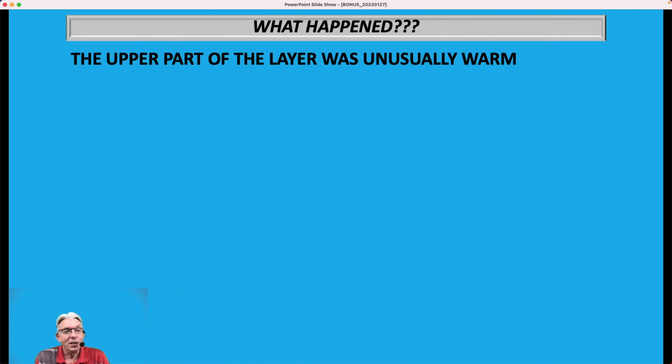Well, the upper part of this 18,000-foot layer from 1,000 millibars to 500 millibars was unusually warm. It was like minus 13 degrees Celsius, which is about 9 or 10 Fahrenheit. At 18,000 feet, in the wintertime, that's warmer than normal.